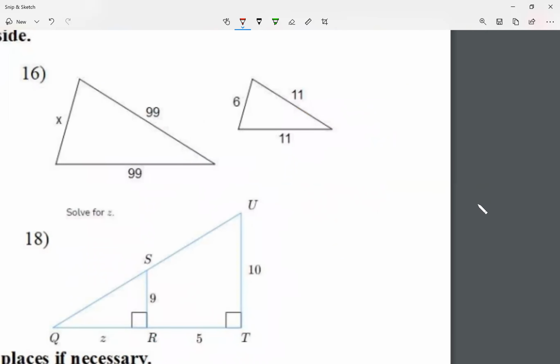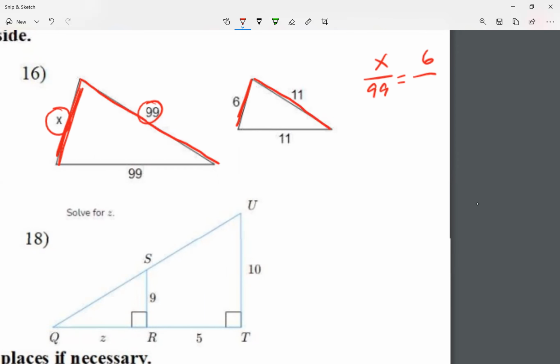So let's take a look at number 16. I'm going to choose this x because I have to solve for x, and this 99. So I'm going to write x over 99. Right, I'm going to make a fraction. Whether the x comes on top or the bottom, it doesn't matter. X is corresponding on the other figure with 6. So next to the x, I'm going to write a 6. 99 is corresponding with 11.